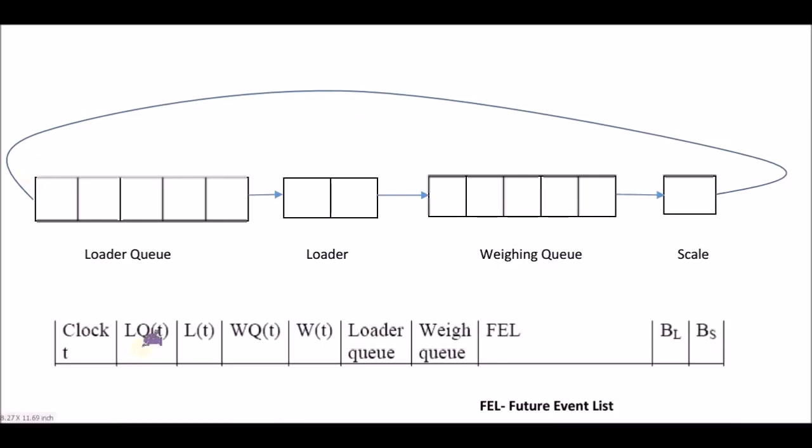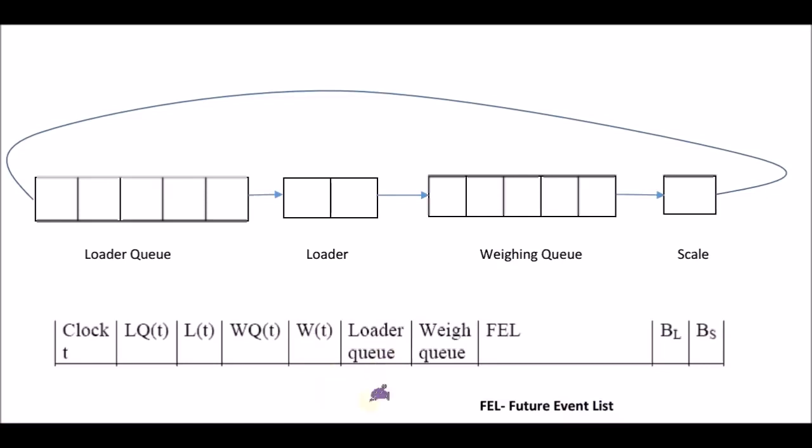Now let's look at all the terms that we have to evaluate at each step. One is the clock instance t, that means at 0 to whatever time it takes, at that time instance. LQ of t, so this is nothing but what we saw, the state. How many trucks are there in the loader queue? How many trucks are there in the loader? How many trucks are there in the weighing queue? How many trucks are being weighed?